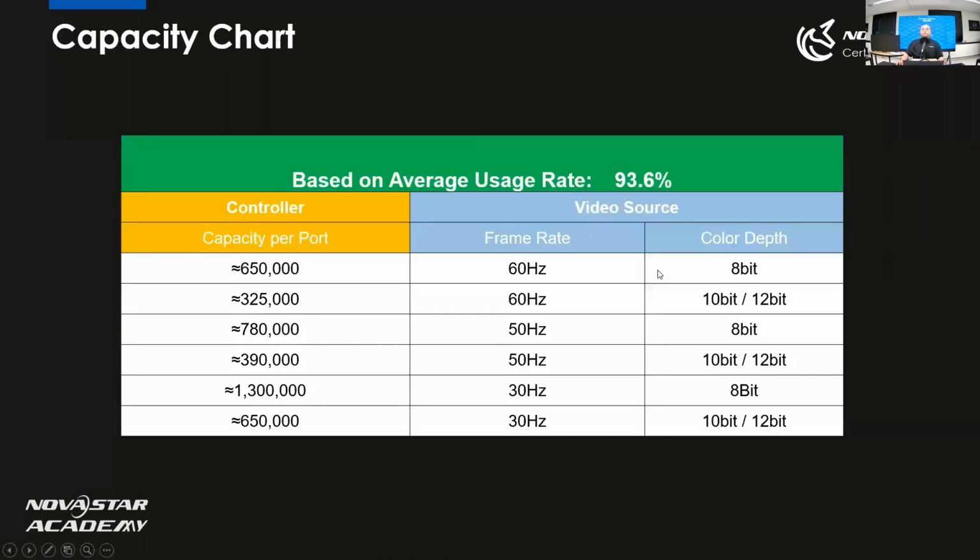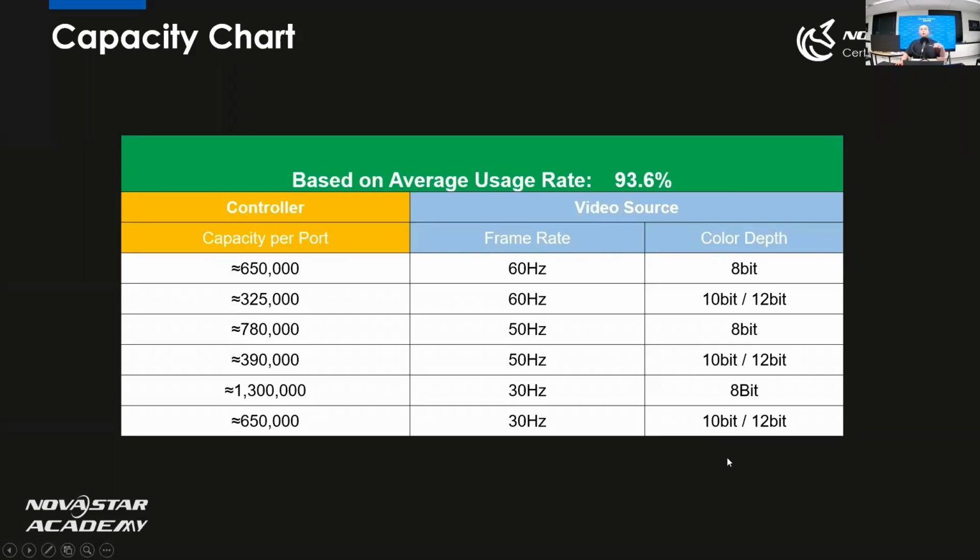So here we share the first form with you, based on the average usage rate, 93.6%. The loading capacity for each output of the controller will be influenced by the frame rate and color depth of the input.